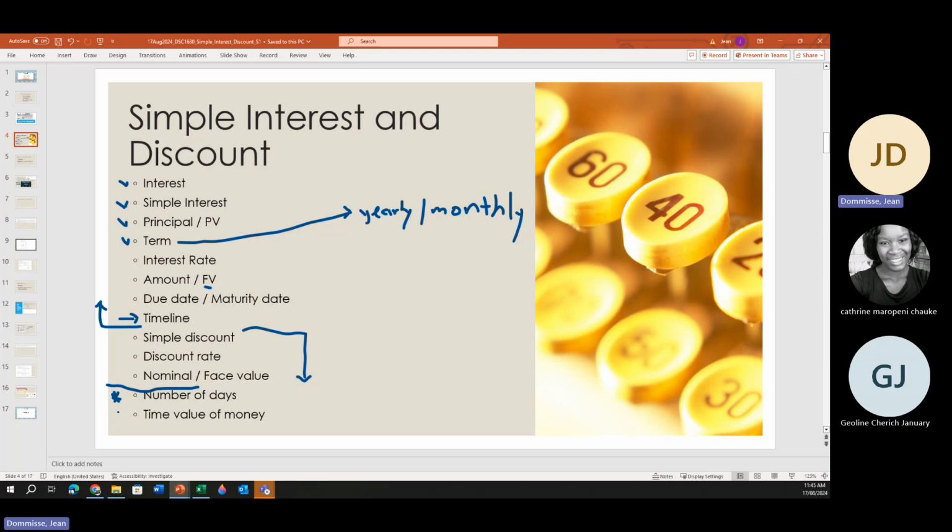Where this becomes applicable with simple interest, and later on with compound interest as well, is they can ask you to work out what the interest was between 5 Jan and 12 Feb or something like that, so that you need to work with days instead of months or years, and you will be able to count how many days by using that table.